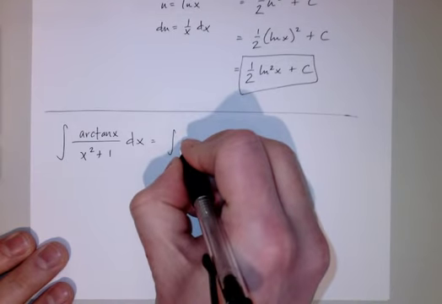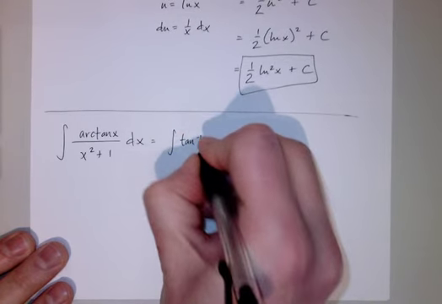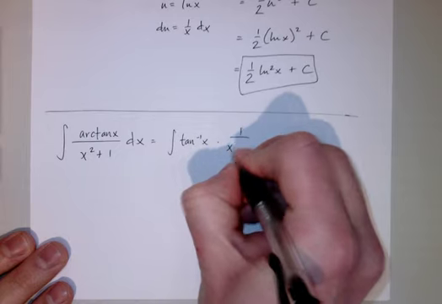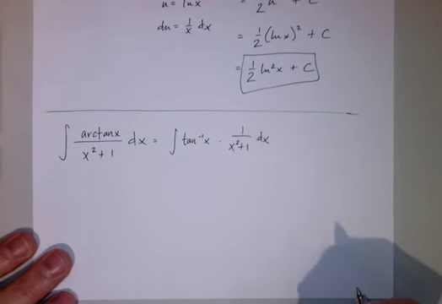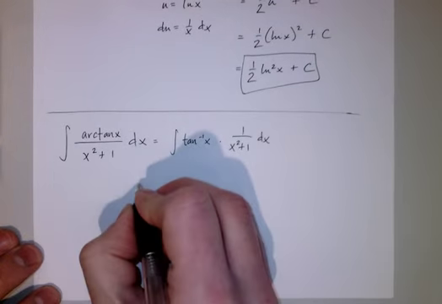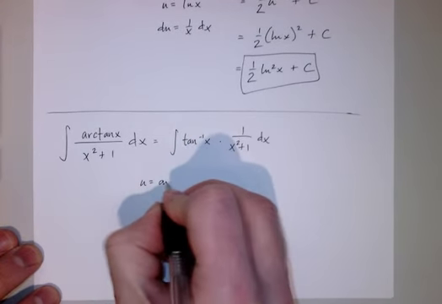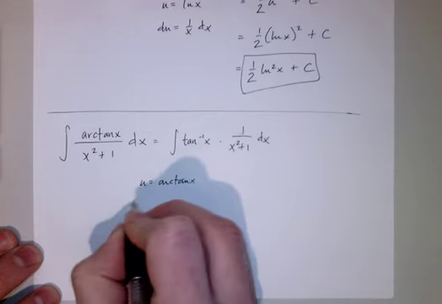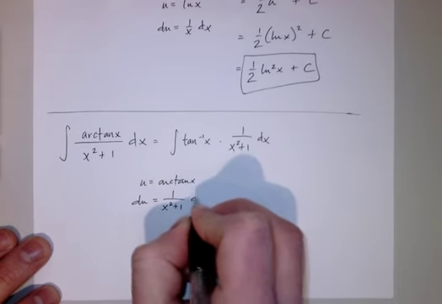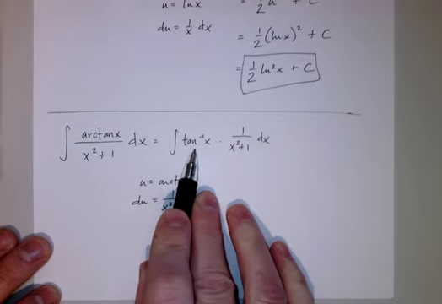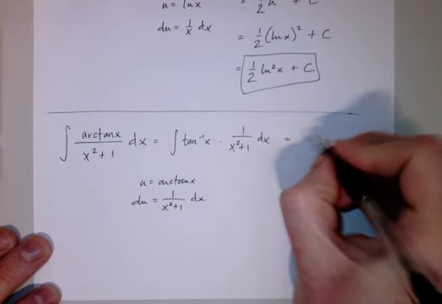Or perhaps if I had actually written it like this, it would have been easy to see, okay? But either way, your u is your arctan x. Your du is your 1 over x squared plus 1 dx. So that's u du. Very, very easy.